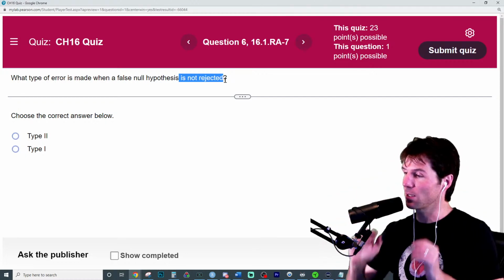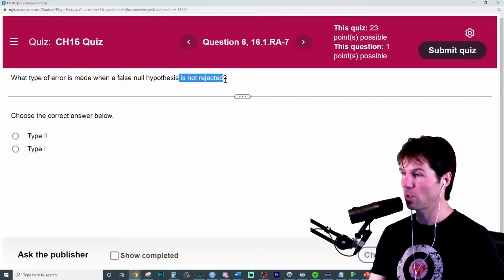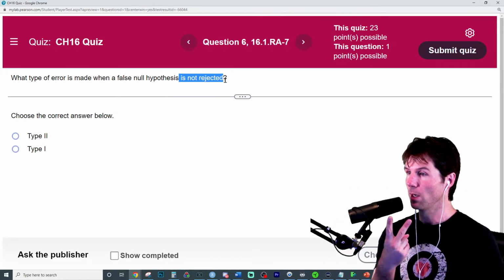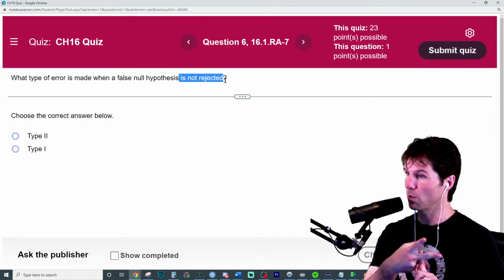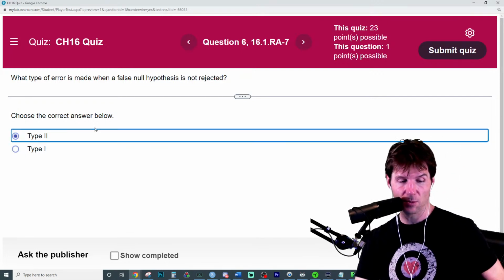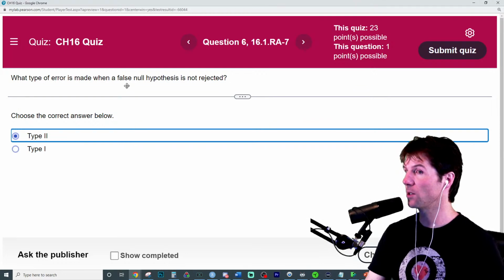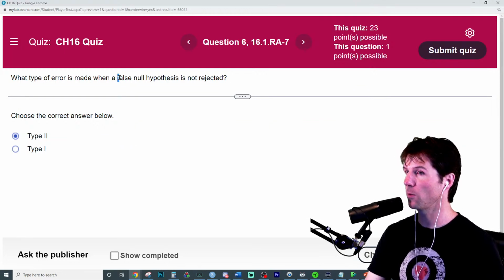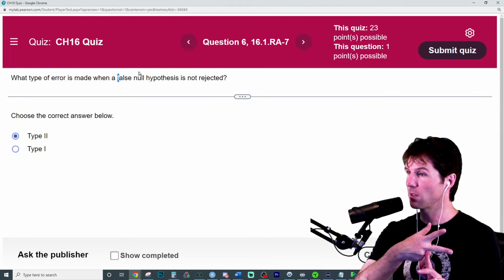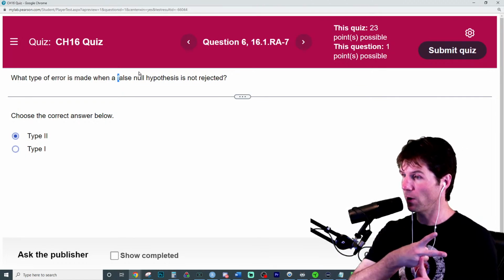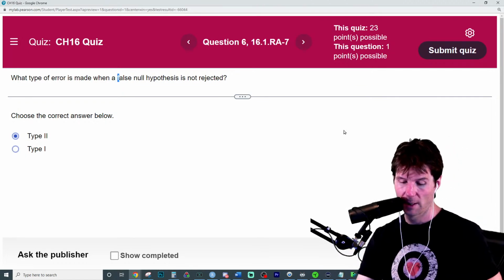Which means not reject. It is a type 2. And make sure to say in a type 2, the null is false and we fail to reject it. And the reason we like to say that is because of the 2 F's. In a type 2, the null is false and we fail to reject it. Good stuff. Just going to knock out all the multiple choices.